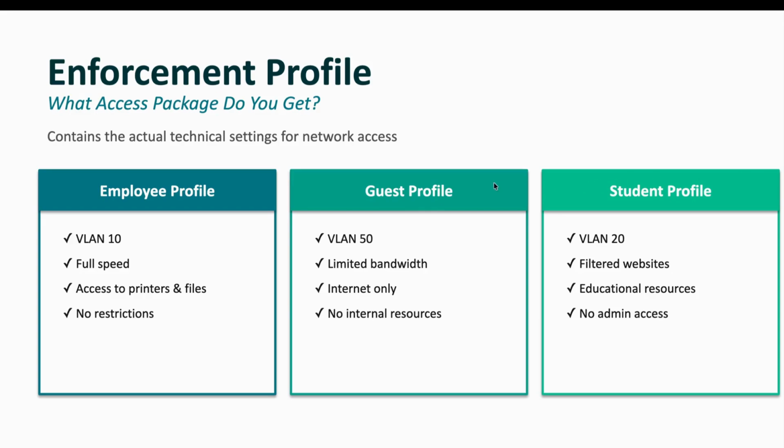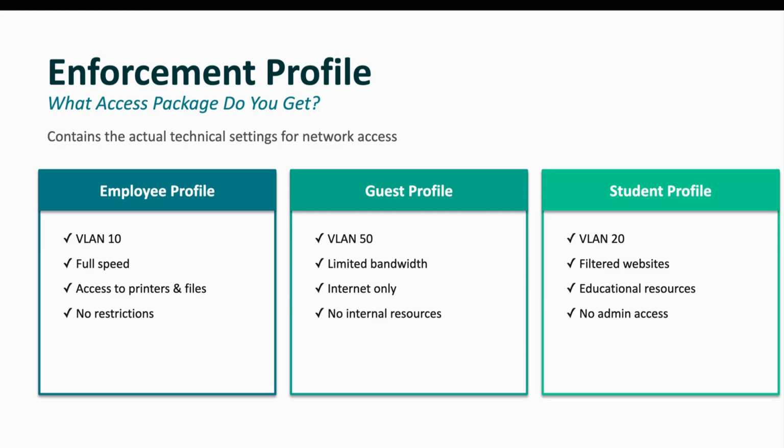Let me show you three examples. Employee profile: it gets VLAN 10, full speed, and access to printers and files. No restrictions at all. Guest profile: it will be on VLAN 50, but with limited bandwidth, internet only, no access to printers or files, and no internal resources access.